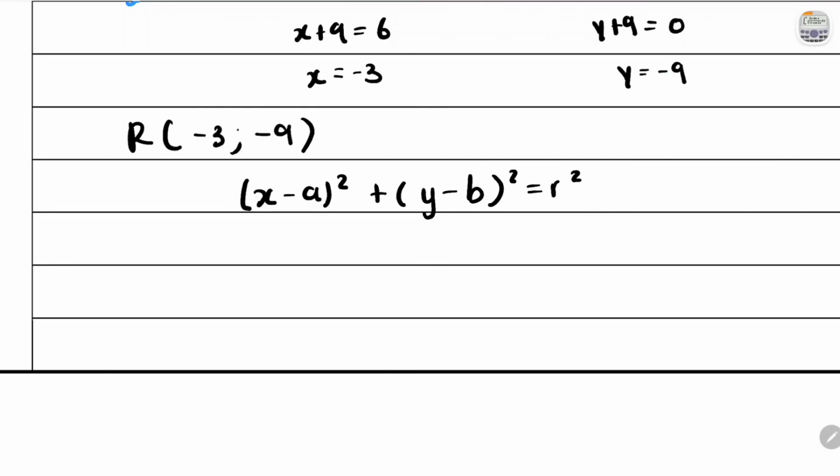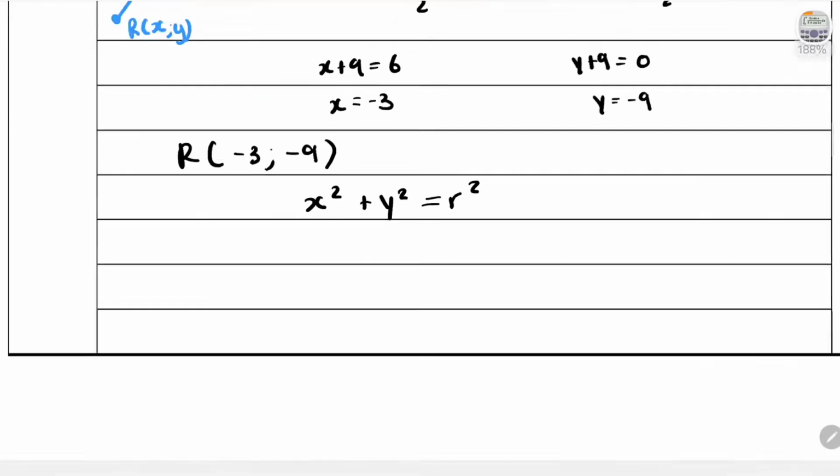But in this case, the origin is the center, so you don't have to write it like this. Since the center (a, b) is (0, 0), x minus 0 is x, and y minus 0 is y. So this can just be written as x squared plus y squared equals r squared. This equation is almost complete. All we need is that radius.